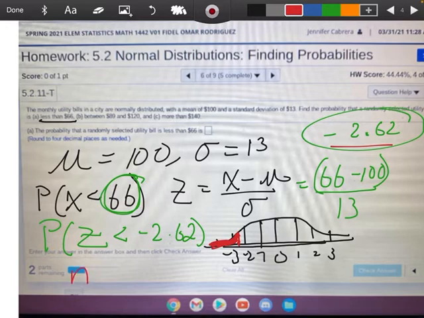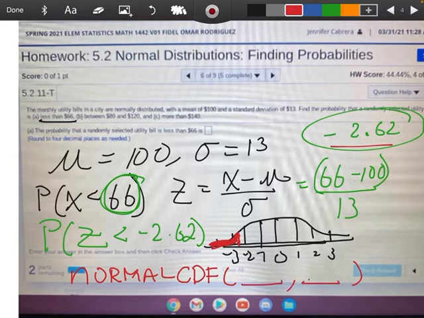And I'm going to go normal CDF, okay? And remember, when I'm doing this, I'm going to have 2 values. I'm going to have a lower number and an upper number. Since I'm going all the way to the left on my z-axis, that's negative infinity.